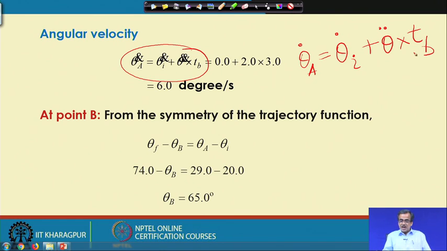This is similar to the well known formula V equals u plus f t.